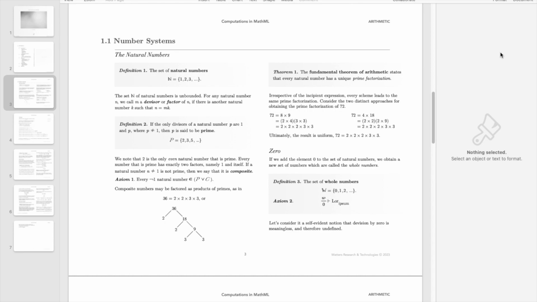Axiom 1, every non-1 natural number, or every not 1 natural number, is an element of the set P or C, prime or composite. Just a little bit of set notation there, set theory notation.